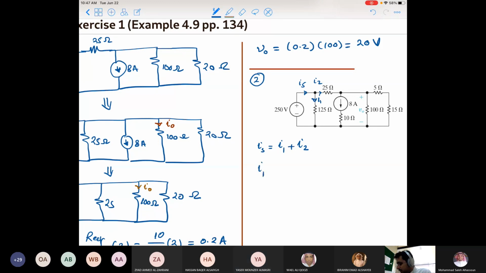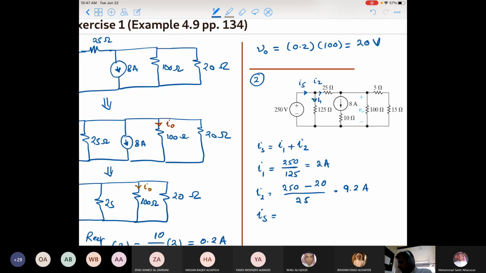So I1 will be Vs, which is 250 divided by 125, and this is going to give us 2 amperes. I2 will be 250 minus the voltage that we found, which is 20, divided by 25, and this is going to give us 9.2 amperes.